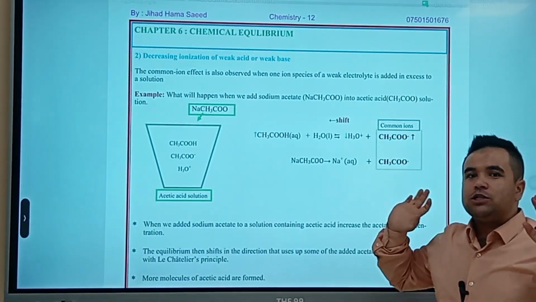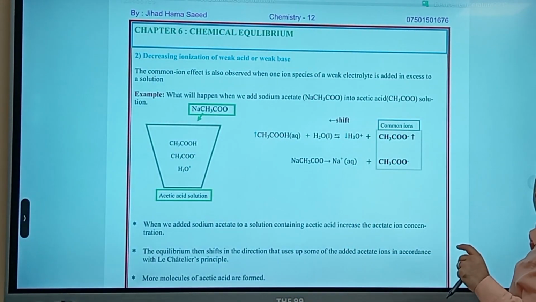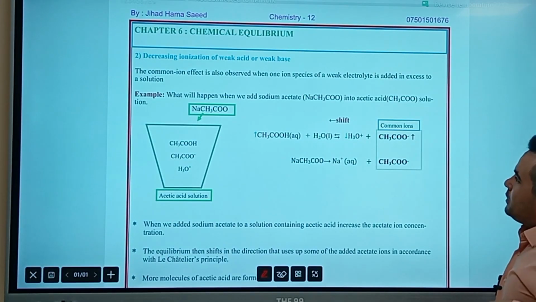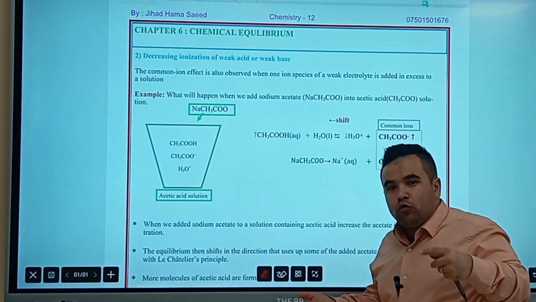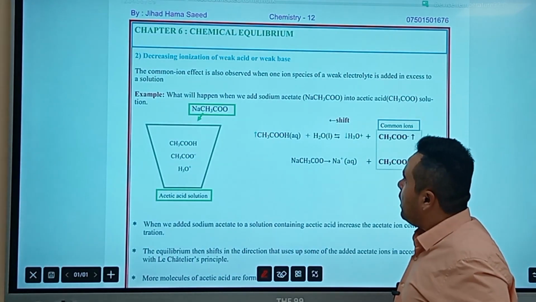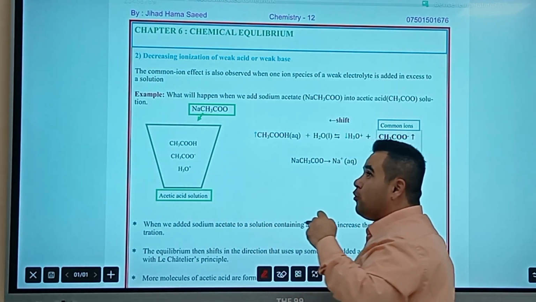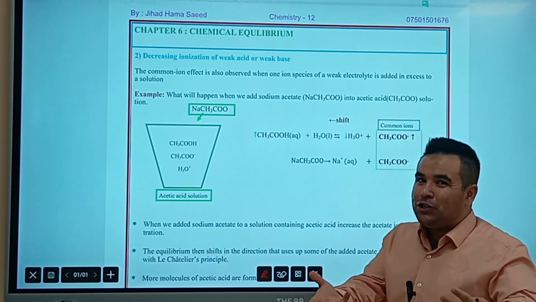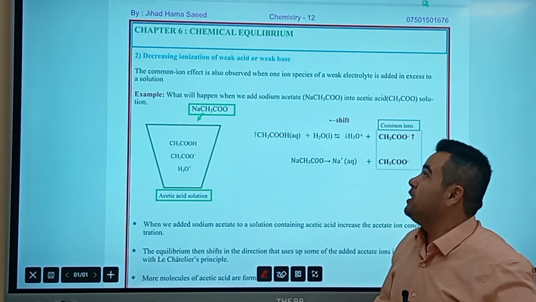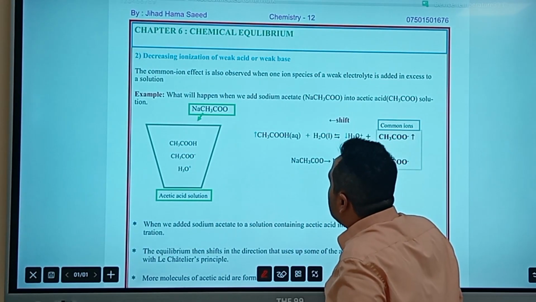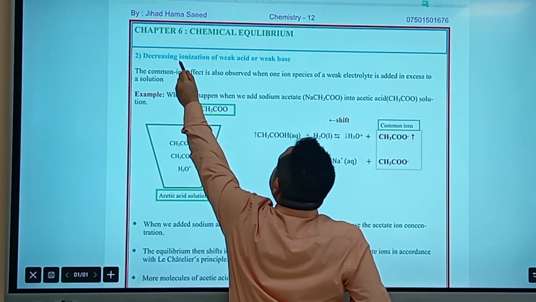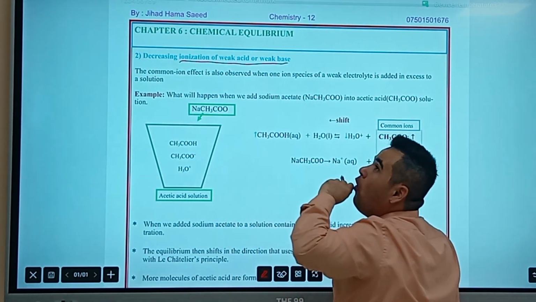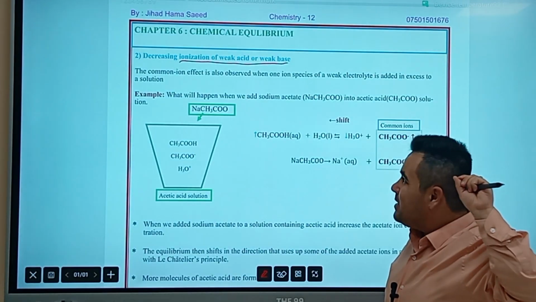This was about the strong ones. How about the weak ones? Addition of a common ion of a salt to a weak acid or weak base, what will happen? Instead of talking about precipitation, we will be talking about ionization. So in this case, it reduces ionization. Let us provide examples of how. Decreasing ionization of weak acids or weak bases.